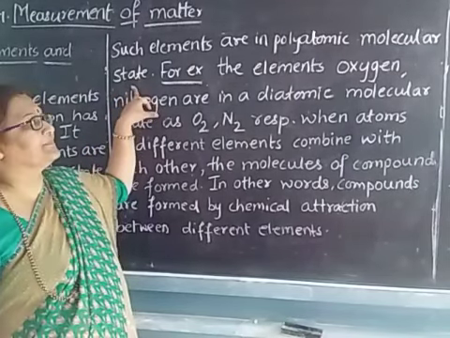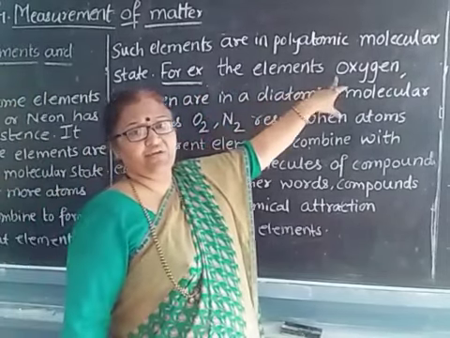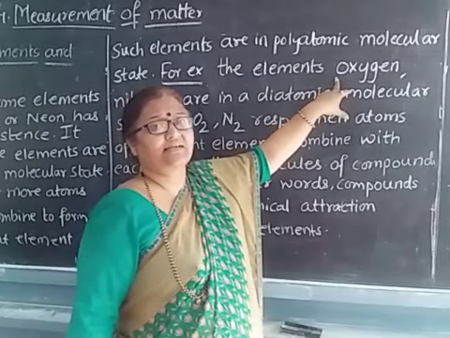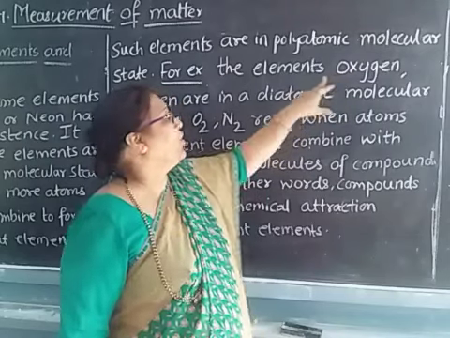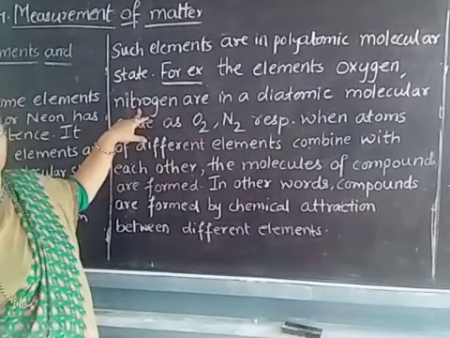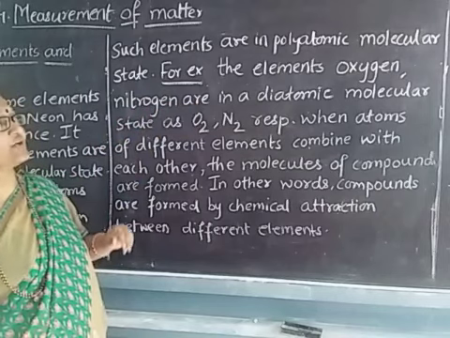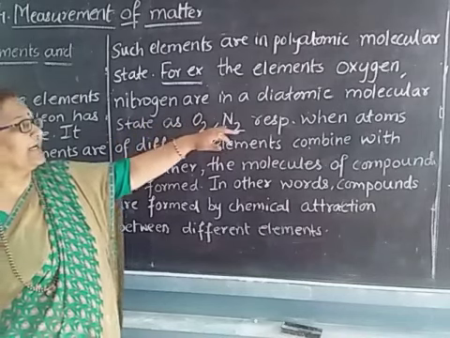Poly means many. For example, elements like oxygen. How do we write oxygen? We write oxygen as O2. We don't write the single letter of that element. We write it as O2. Then that of nitrogen, we write N2. All these are diatomic molecular states, as O2, N2.